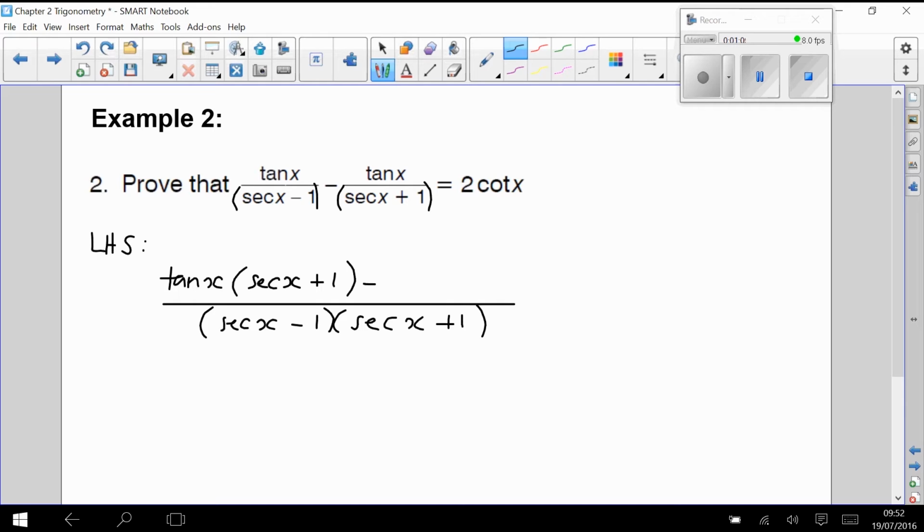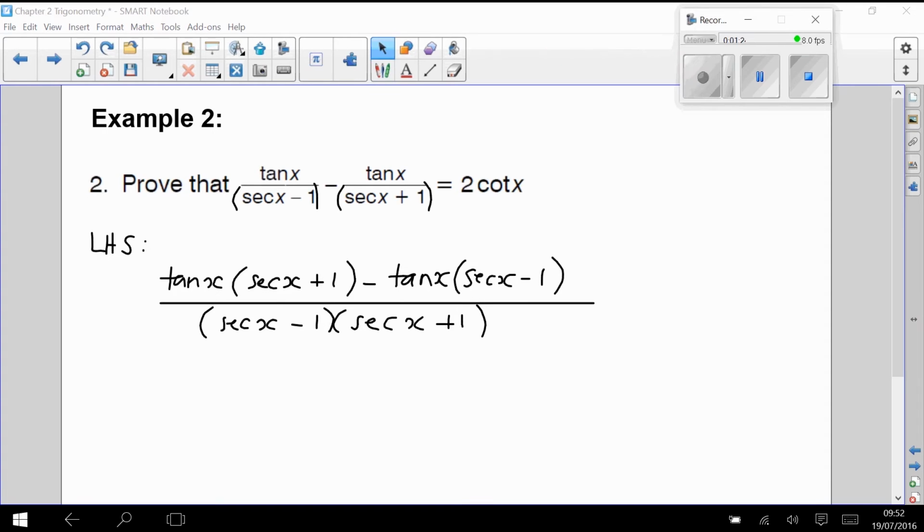And the second adjusted numerator is going to be the old numerator of tan x times the factor in the denominator, which is now in the LCD, that it didn't have, which is sec x minus 1.